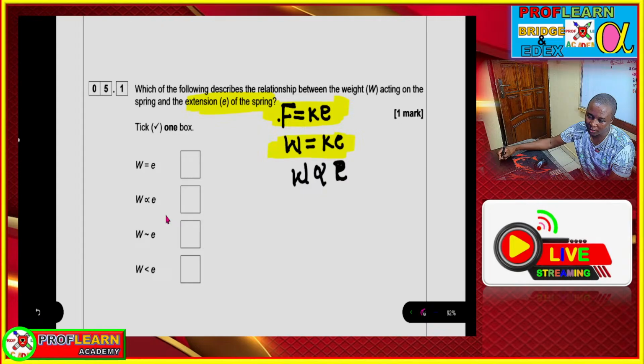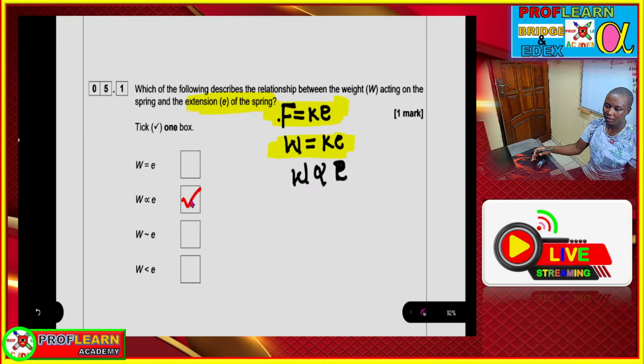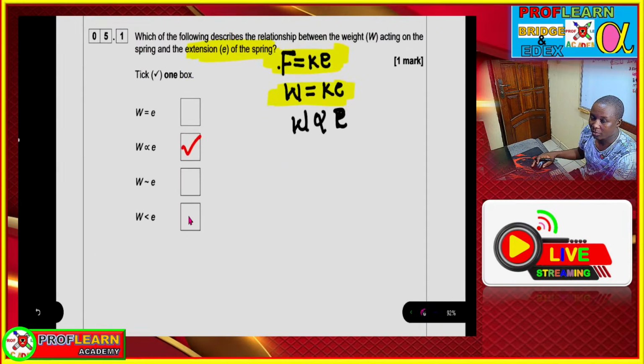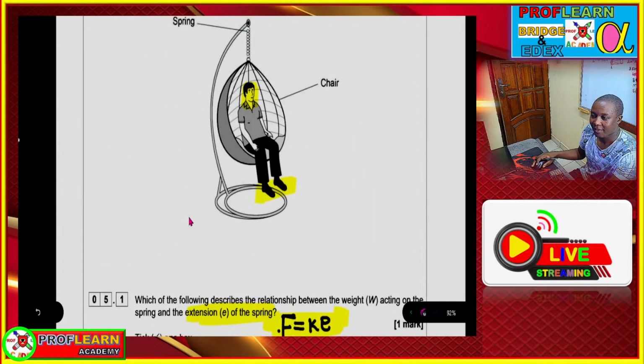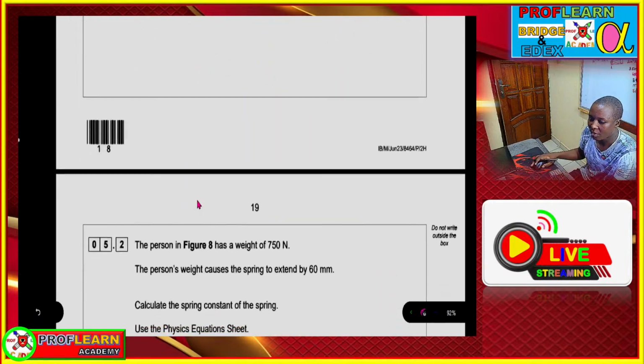So our answer in that case is that weight is directly proportional to the extension, which means that as the weight increases, the extension of the spring also increases.